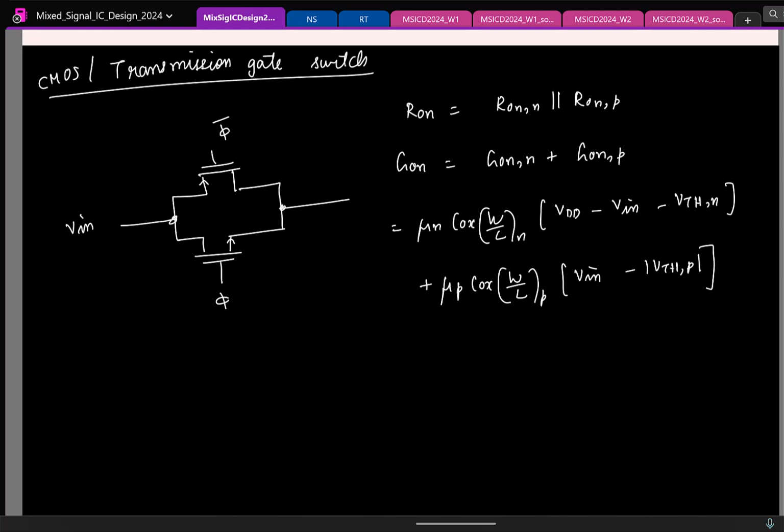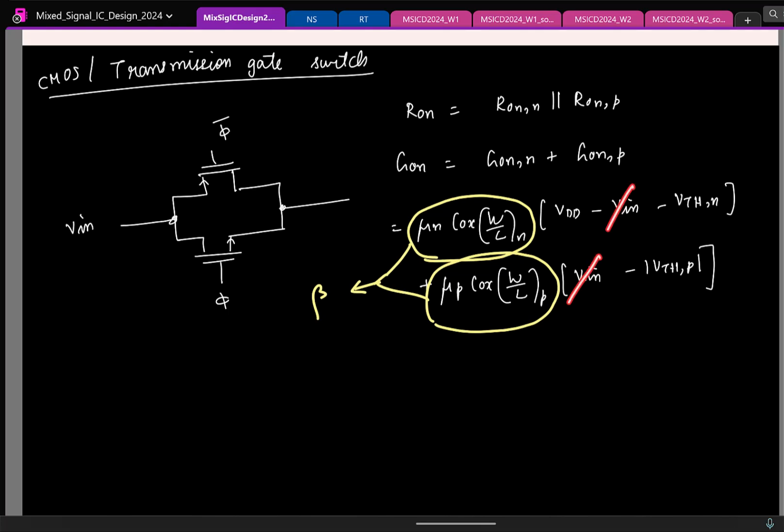So now let us say I choose these two factors to be equal. If these two factors are equal to some beta, what happens? V in cancels. You just end up with some beta times VDD minus VTH of the NMOS. Right?